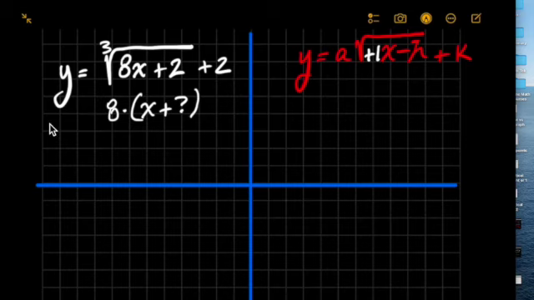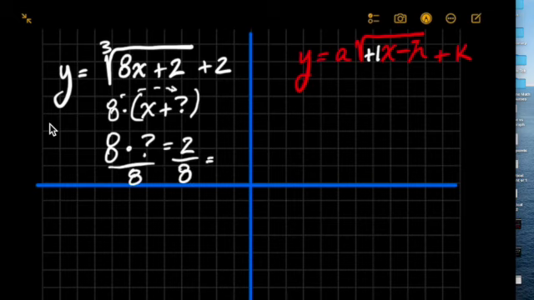So we do a little miniature equation. We know that when we distribute the 8, we have to get 2. So this becomes 8 times question mark equals 2. We divide both sides by 8, and we get question mark has to equal 1/4.